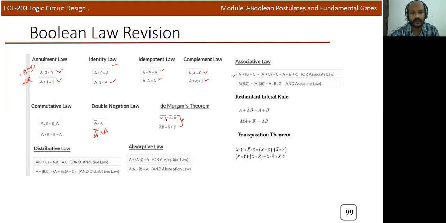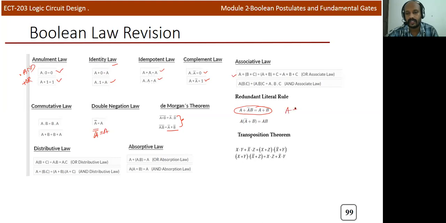This is very important: De Morgan's law. A plus b the whole bar is equal to a bar dot b bar, and a b the whole bar is equal to a bar plus b bar. This is also a very important law, known as the redundant literal law. Normally we will get confused when it comes to the simplification part.